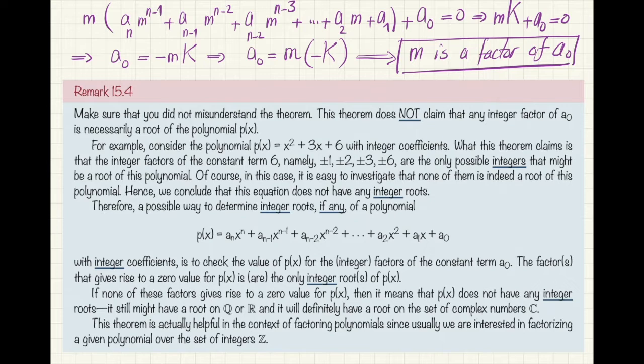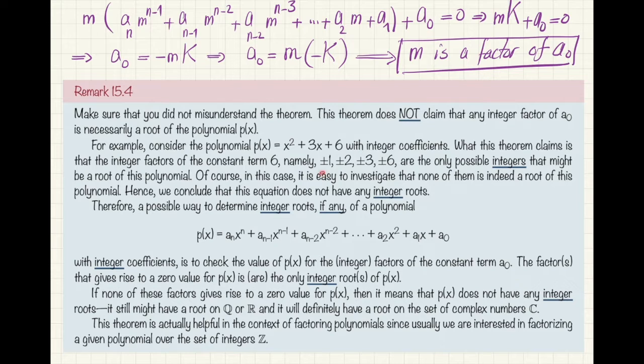But of course, in this case, if you go and test them, none of them is a root. For example, if I take plus 1, put it here, it becomes 1 plus 3 plus 6, it is not 0. If I put minus 1 here, it becomes 1 minus 3 plus 6, it is not 0. And you can convince yourself for the other numbers. So this theorem doesn't guarantee that the factors of 6 are roots.